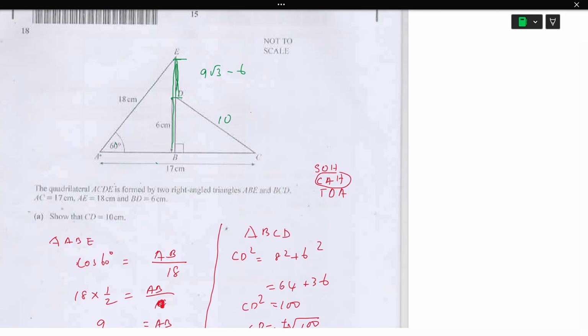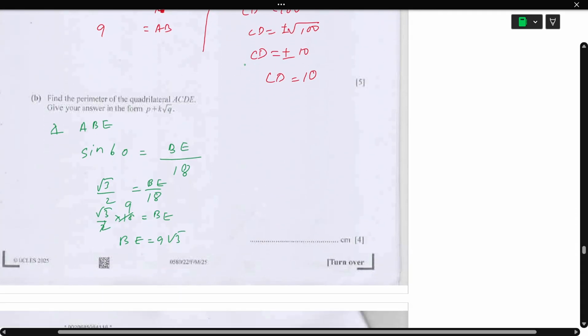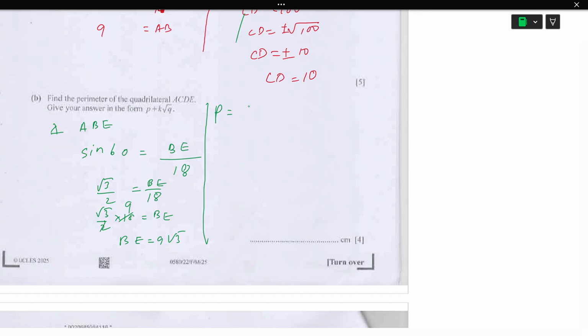So perimeter equals 17 plus 10 plus 18 plus 9 root 3 minus 6. Perimeter equals, I'm going to add all, which is 18 plus 17 plus 10 plus 9 root 3 minus 6.